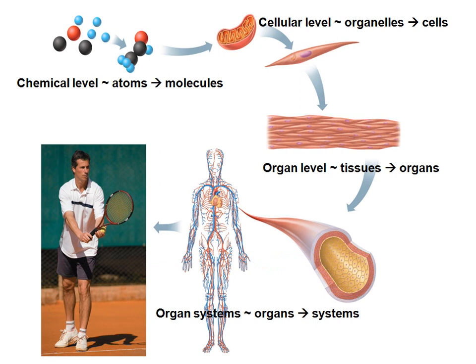Right, the next thing we look at is how living things are organized. Your textbook divides it into a chemical level, a cellular level, an organ level, and an organ systems or organismal level. Chemical level is atoms to molecules.